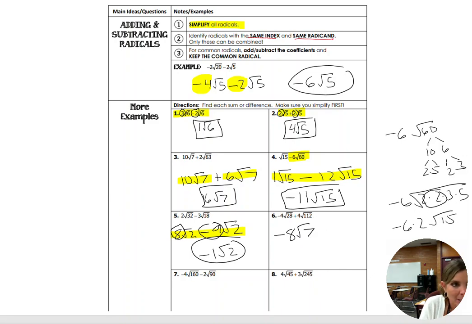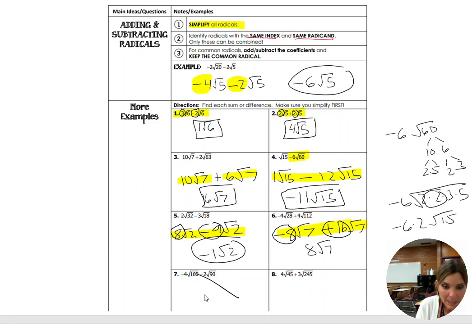And then when we simplify the 4 root 12, you're going to do 4 second square root and then 112, and that gives you 16 root 7, and that's a positive. And then when you simplify those, you're going to see that you have like radicals. They both have a root 7. So we combine these just like we combine like terms. We combine negative 8 and positive 16, so negative 8 plus 16 is 8. And then we leave this as root 7.